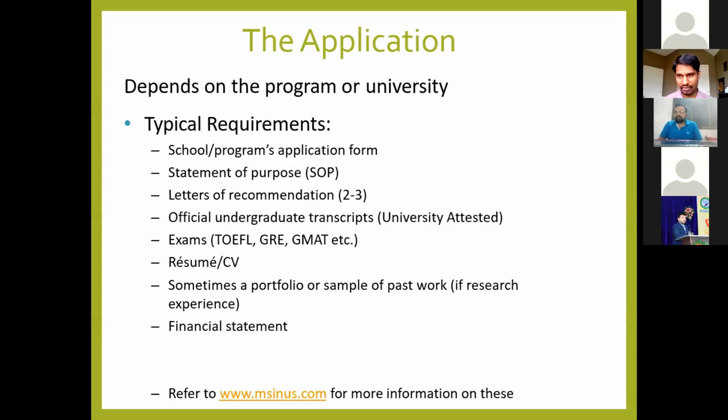Sometimes it doesn't have to be all liquid cash in your bank account. It can be a mixture of your bank balance, your property, your farm, your gold, your LICs, all investments. And there are ways how you can show this amount in financial statements, and even consultancies can help you with how to arrange that part.